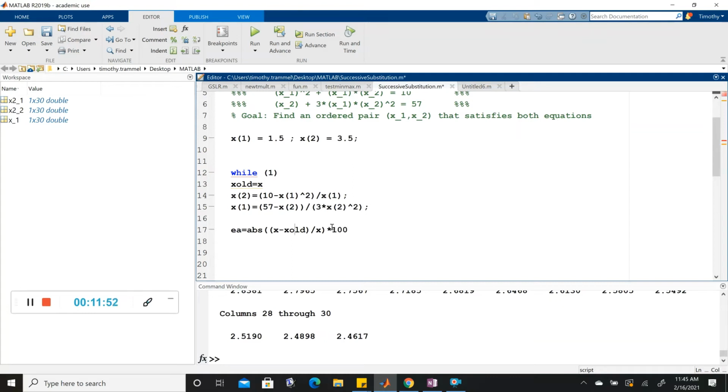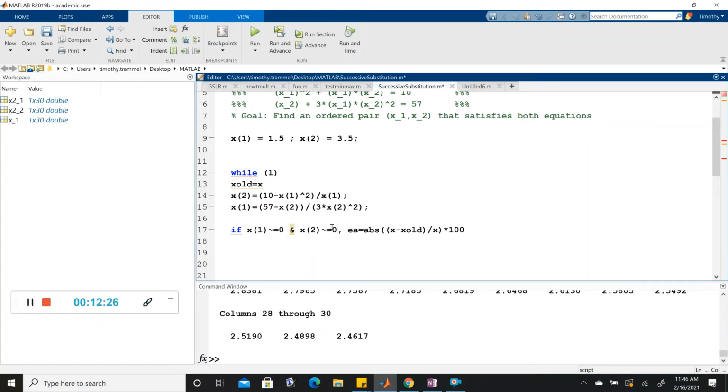Okay. And there might be times where maybe we don't want to compute this. How about if x of 1 is equal to 0? Actually, I want to reword this. How about if x1 is not equal to 0 and x of 2 is not equal to 0.